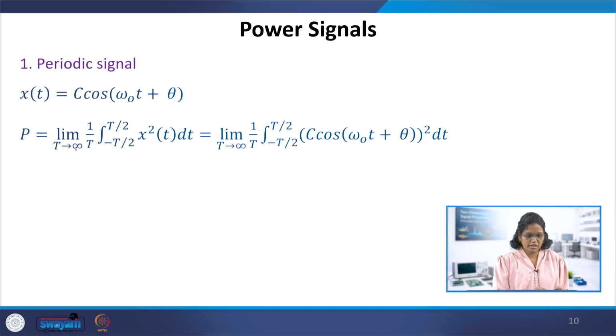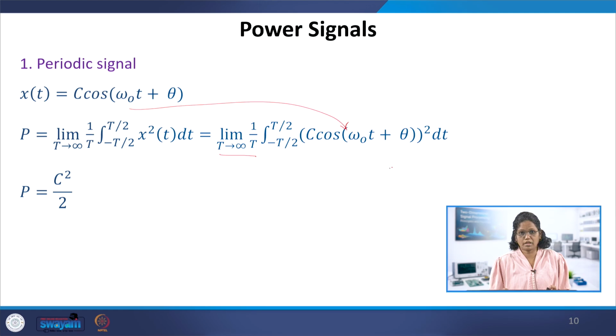The power is the limit as T tends to infinity of 1/T, integrated from minus T/2 to plus T/2, of x squared t dt. Replacing x squared t with c cos(omega naught t plus theta) the whole squared, and performing the integration using 1 plus cos 2 omega t over 2, the result is P equal to c squared by 2, which depends only on c.